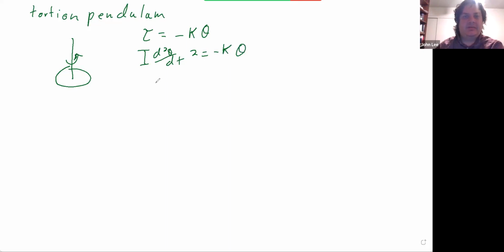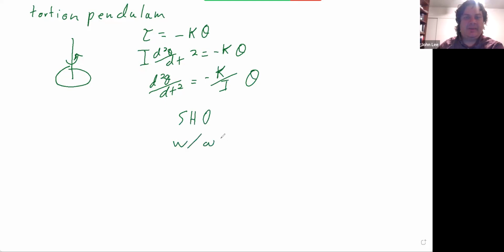So d squared theta dt squared is equal to negative kappa over I times theta. So this is simple harmonic motion with omega equals the square root of kappa over I.